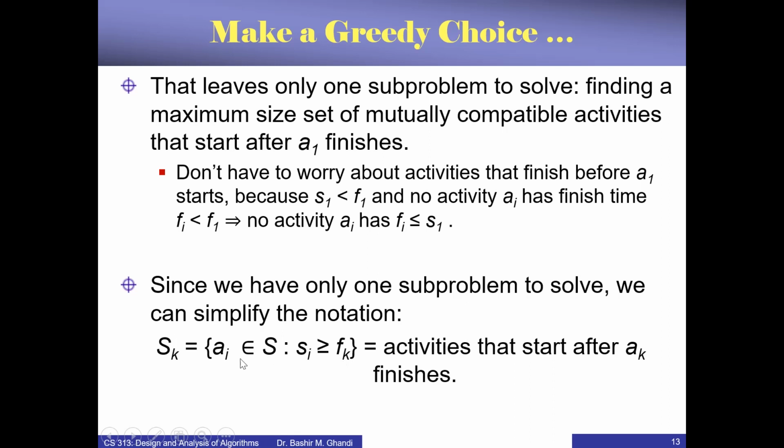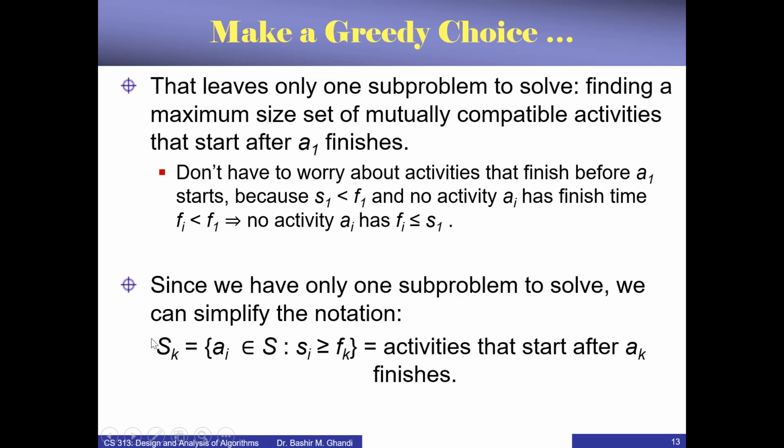This will be the remaining problem that we need to solve after choosing A1, so we will be concentrating only on those activities that start after A1. Generally, after choosing Ak, we will be concerned with only the activities that start after Ak finishes. That's how we now define our set.